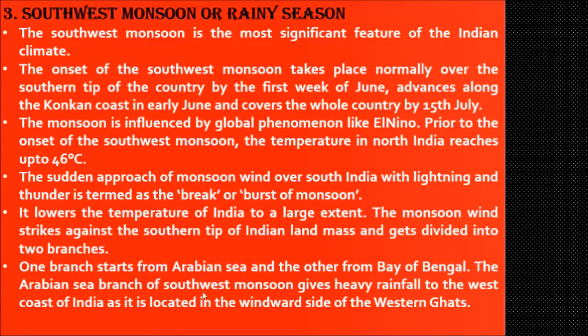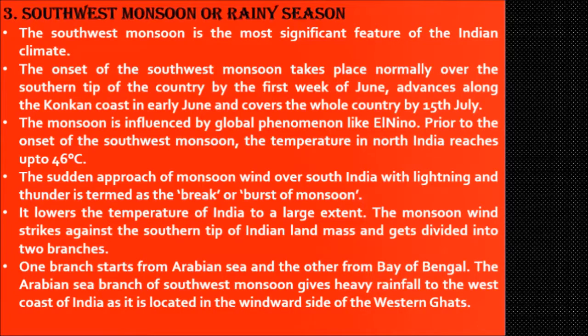The Arabian Sea branch of the southwest monsoon gives heavy rainfall to the west coast of India, as it is located on the windward side of the Western Ghats.